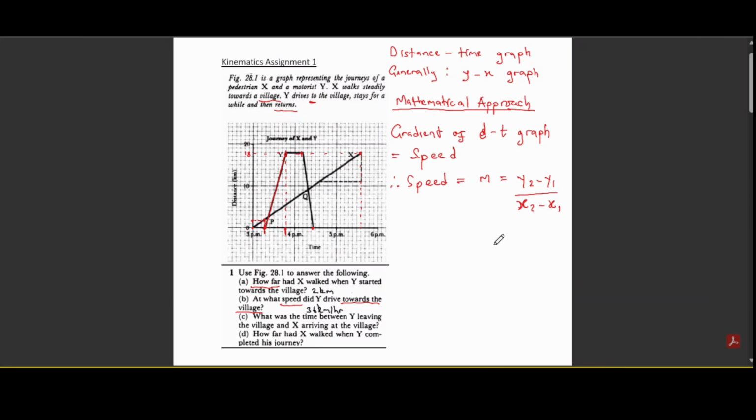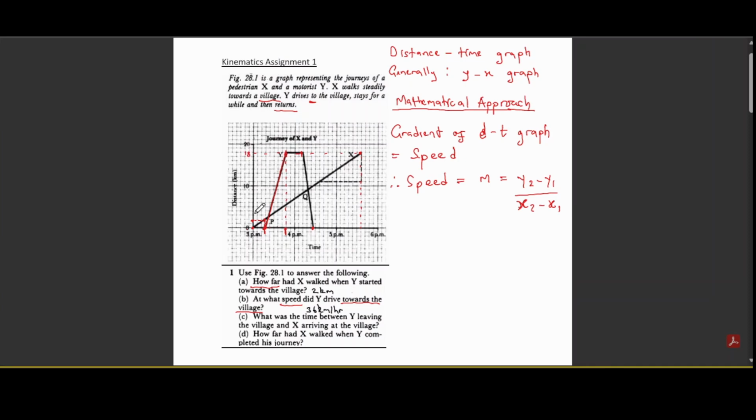So we can take any 2 points. We need 2 points to get the gradient. So we can take any 2 points here. And I would advise you to take the point at the start and the point at the end, so that you do not get confused, especially with skewed lines.